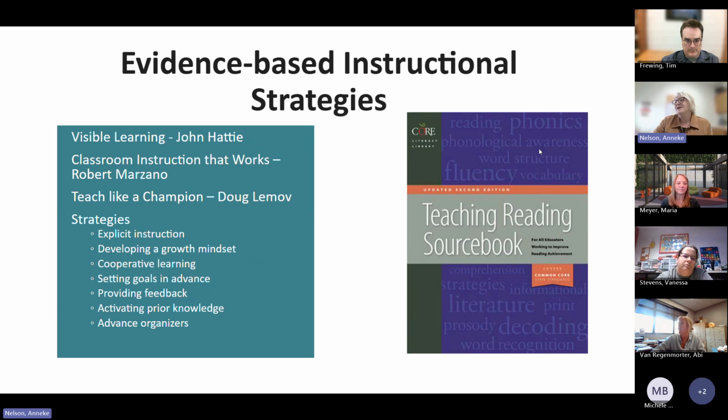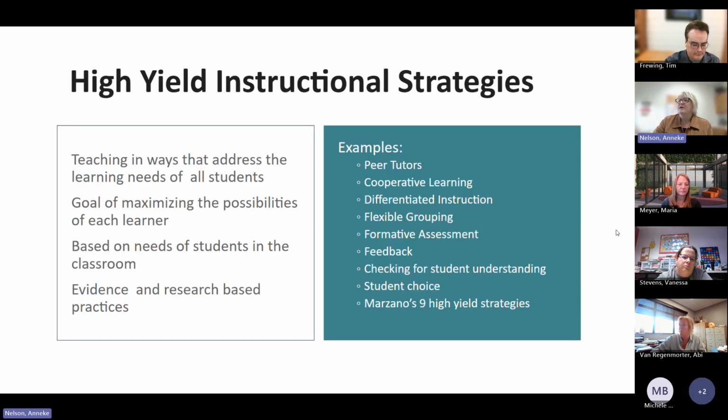I know a lot of our districts at NESC were involved in that core literacy project, which still has great instructional strategies embedded within it that are relevant today. Some other high-yield instructional strategies: we want to make sure we're maximizing the possibilities for each learner.